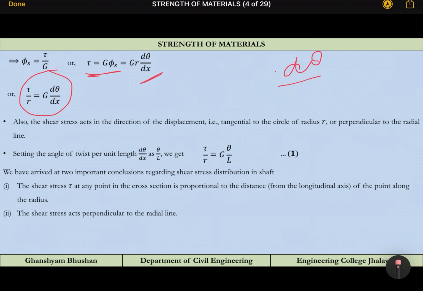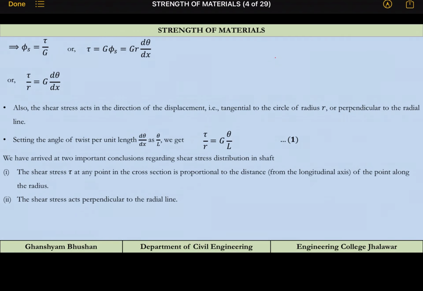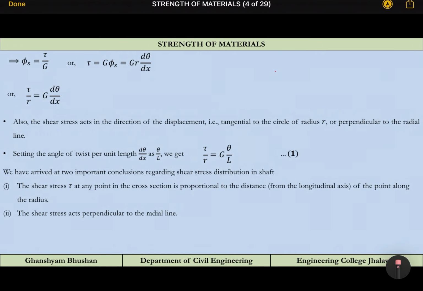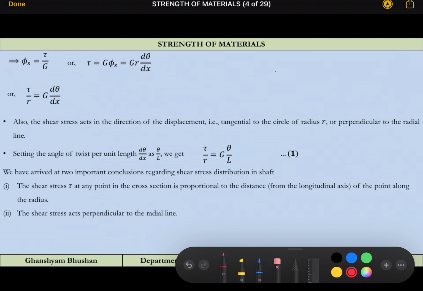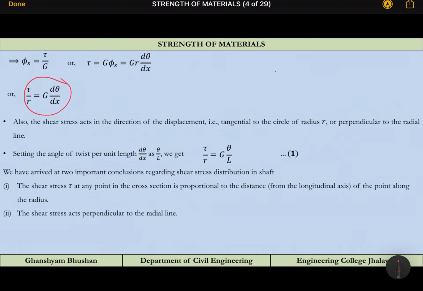So this relationship we have derived, how tau is going to vary with r. This is a very important relationship we have derived. Now the shear stress acts in the direction of the displacement, that is, tangential to the circle of smaller radius r, or perpendicular to the radial line.